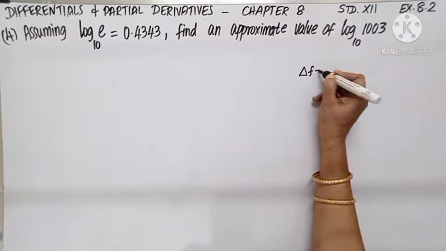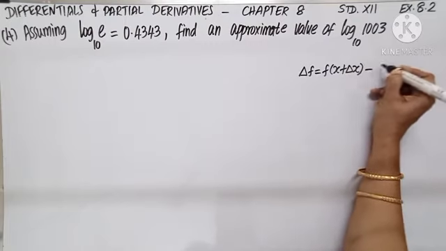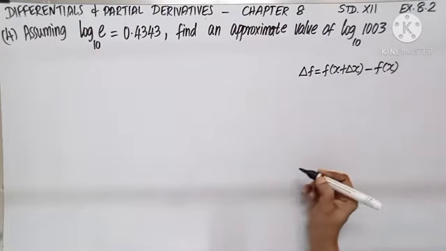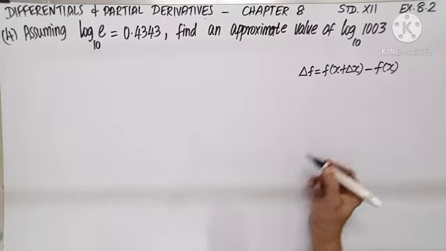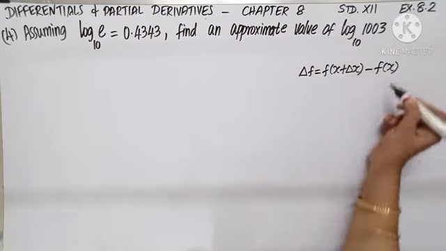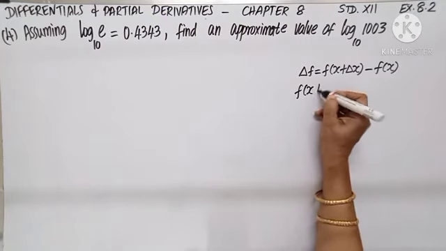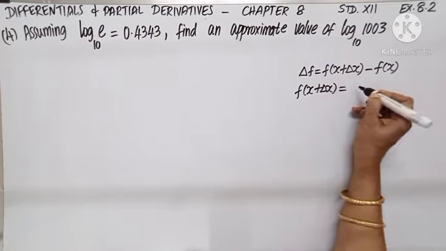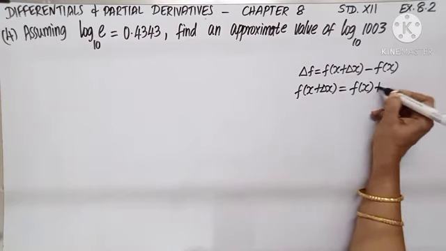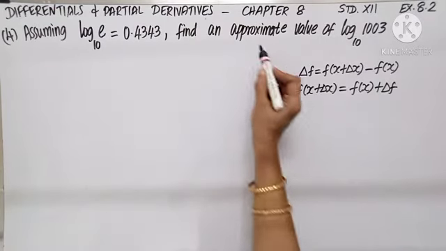Del f equals f of x plus del x minus f of x. Suppose my question is f of x plus del x. Bring f of x here. So, f of x plus del x equals f of x plus del f. We are going to apply this in this problem.